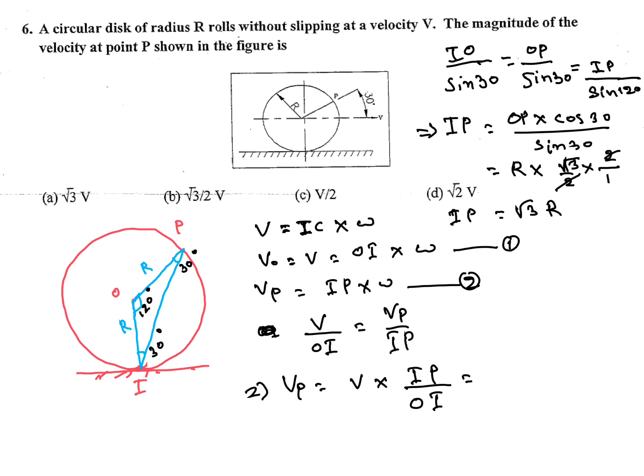IP we got as root 3 R, and OI is given as R. So finally we get VP equal to root 3 into V. Velocity at point P is root 3 V, so option A is our answer.